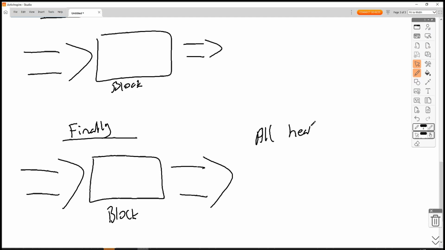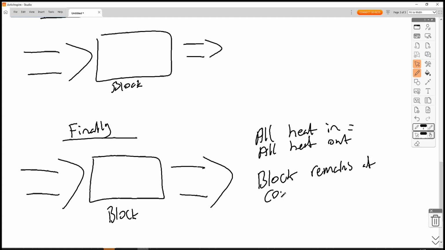So all heat in equals all heat out. So the block remains at constant temperature. And that happens when it's hot.